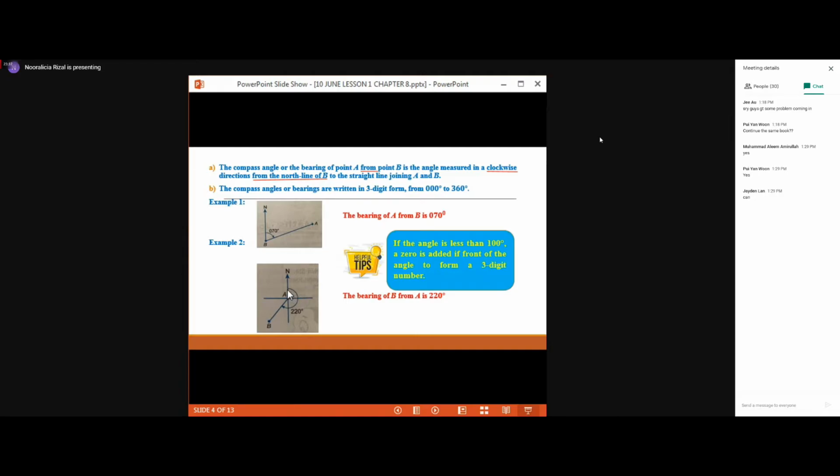So north line at A, you move clockwise. Can you see my cursor? I'm moving clockwise until you reach the line of AB. Okay, so you understand that? So the bearing of A from B just now is not 220, because for from, you must draw the north line at B, but it's not here.